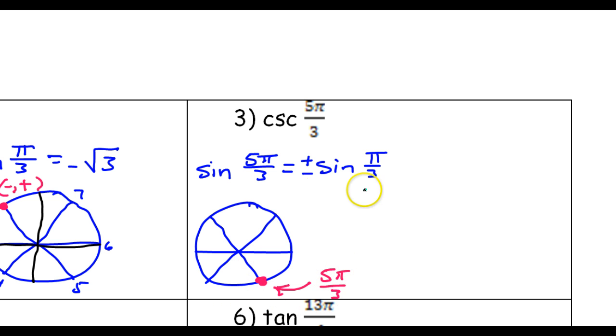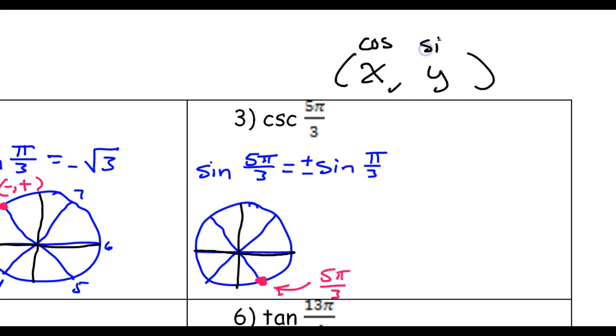Now, the question is, is sine positive or negative in this quadrant? Let's put the x and y axis back in here like so. So we are in the fourth quadrant. Now, remember that points (x, y) are cosine and sine.